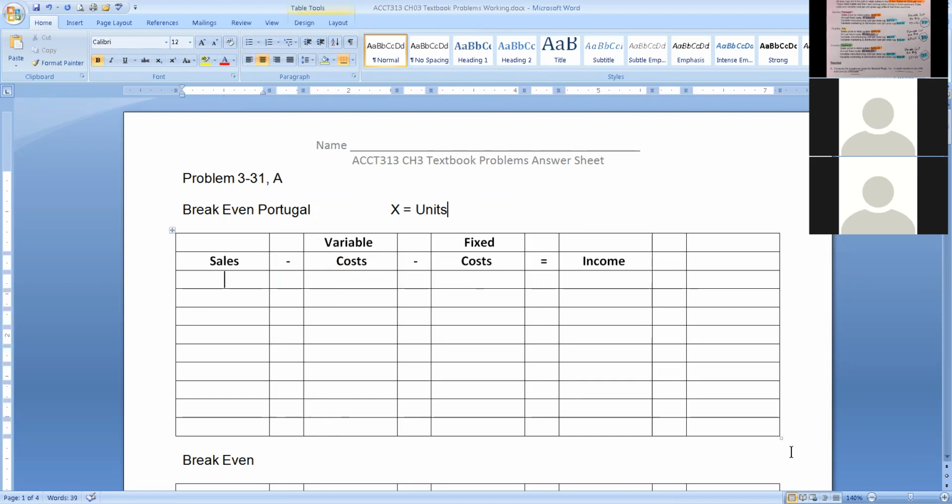Okay, so first one, the selling price is the same as it is for all the rest of them, 250, times X, minus the variable cost, which for Portugal was 55 X, minus the fixed cost.